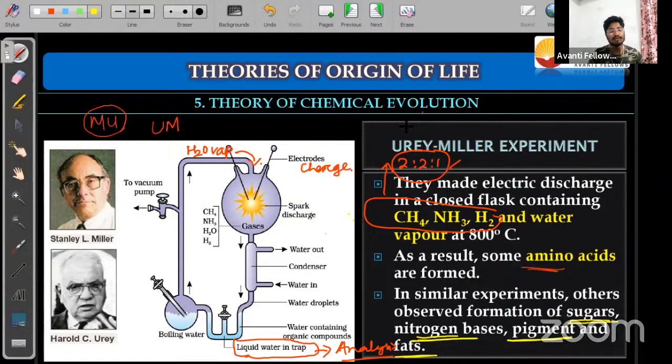Remember, don't get confused in this. The theory was given by two people, Oparin and Haldane, OH.